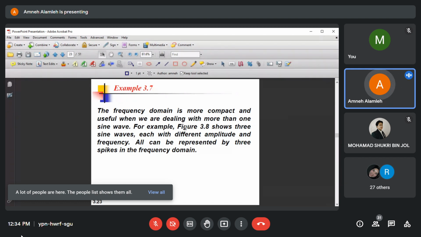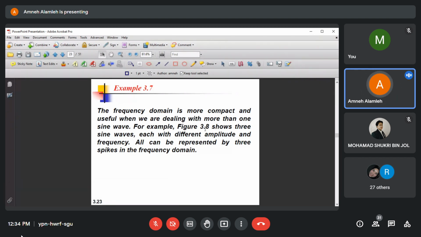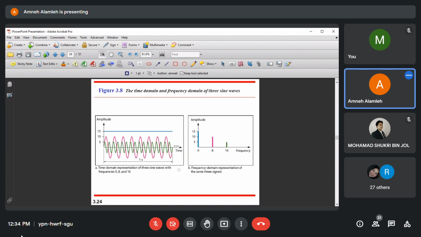For example, figure 3.8 shows three sine waves, each with different amplitude and frequency. All can be represented by three spikes in the frequency domain. See figure 3.8, the time domain and the frequency domain of three sine waves.